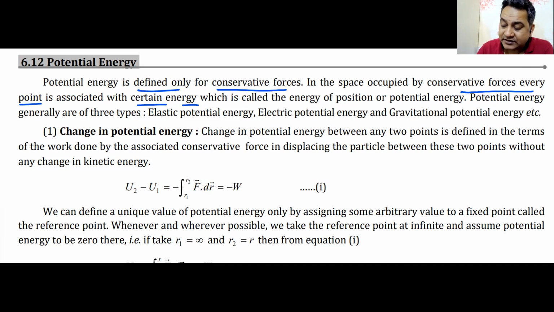Three types of potential energy: elastic potential energy, which is also spring potential energy; electric or electrostatic potential energy; and the third one, gravitational potential energy. No matter what you do, the definition remains the same, and this is the absolute definition. This is the correct definition of potential energy, which we'll be discussing in the next class.